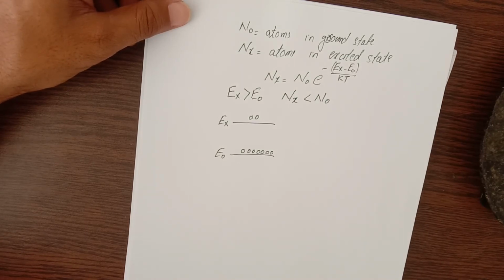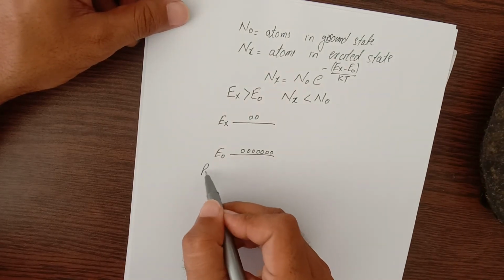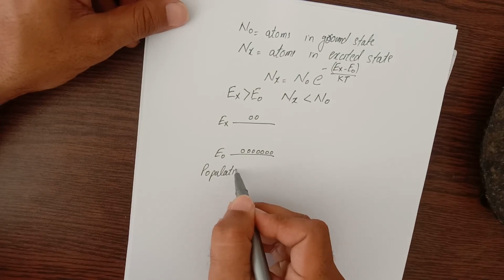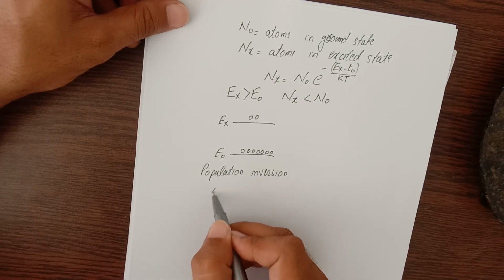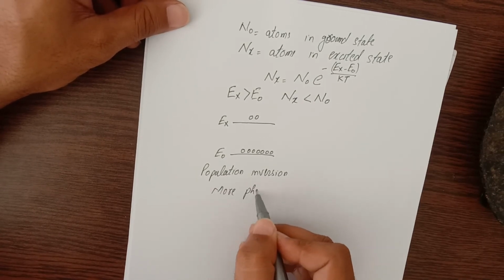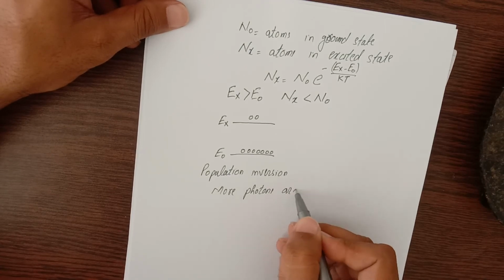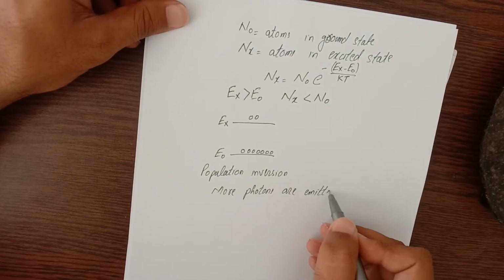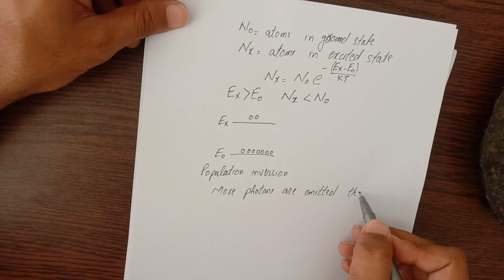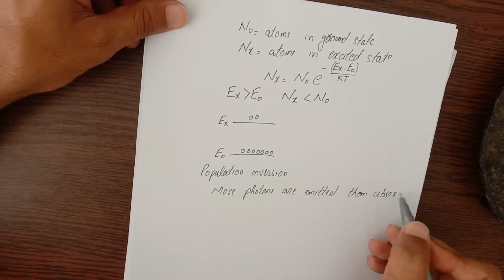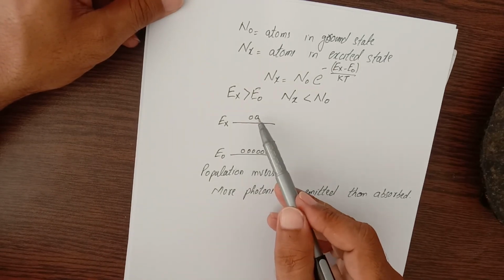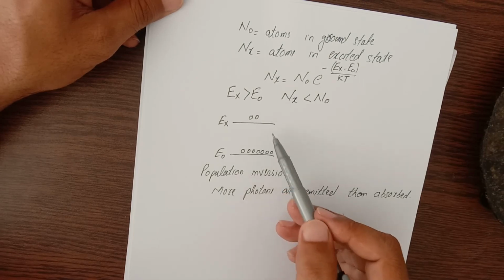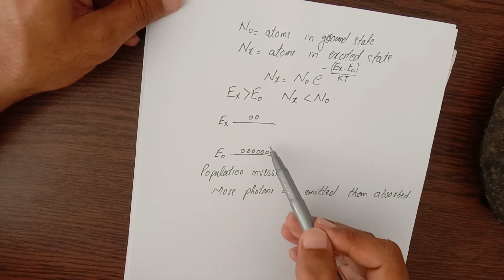For the working of a laser, we need to make a situation of population inversion. Population inversion means that more photons are emitted than absorbed, right? These electrons absorb photons to go to the excited state and they emit photons when they come back to the ground state.